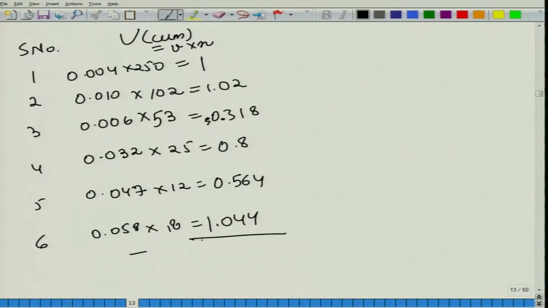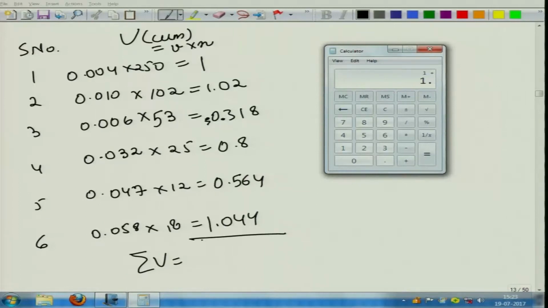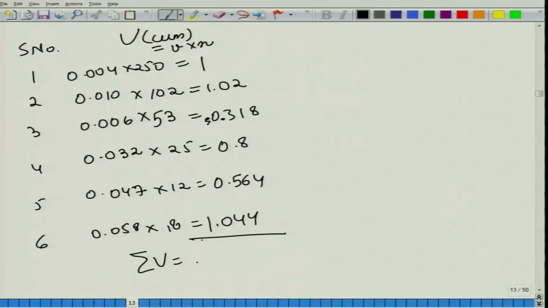So, we have 1 plus 1.02 plus 0.318 plus 0.8 plus 0.564 plus 1.044 is 4.75. So, this is 4.75 cubic meters. So, this is how we compute the volume of a log using the quarter girth formula, and we can also compute the volume of a stack.